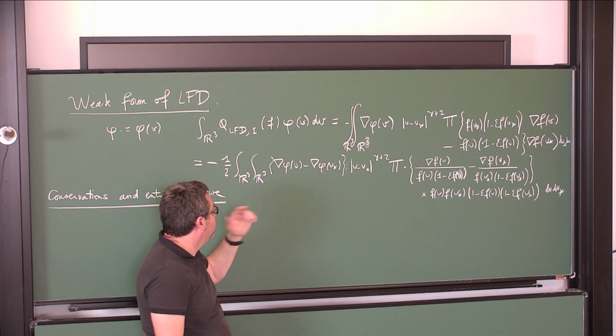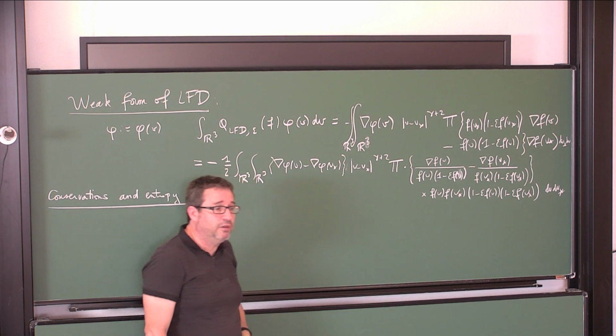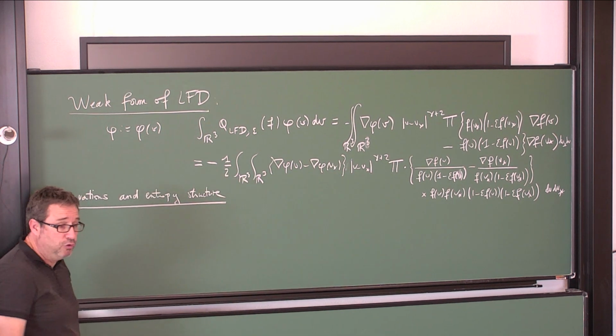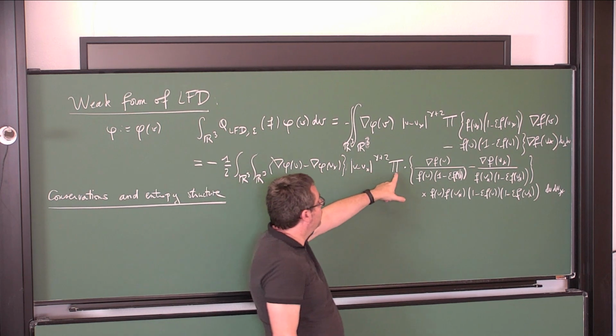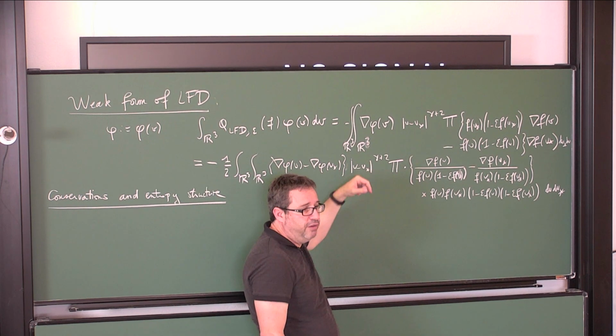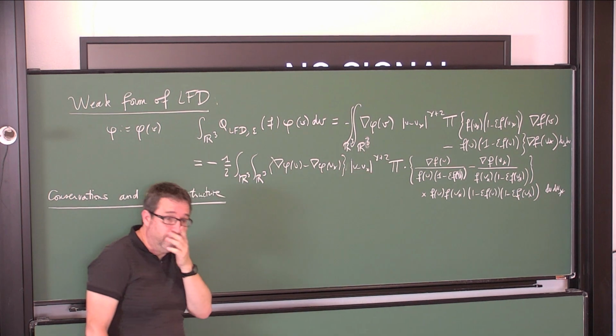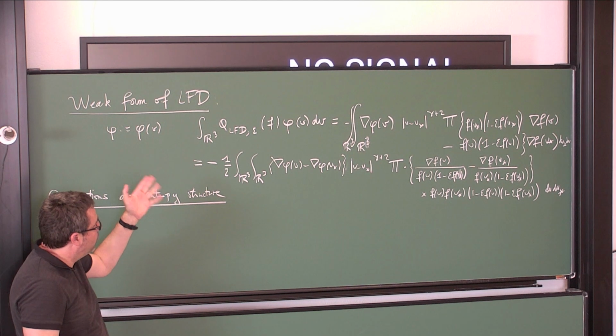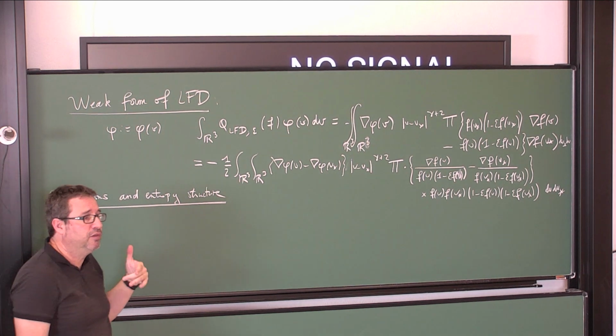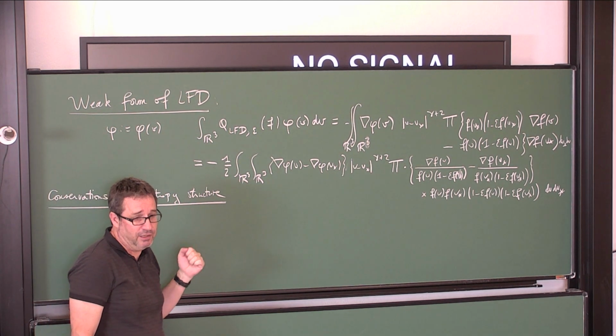And finally, if you take phi of v equal to modulus of v square over 2, then this becomes v minus v star, and you take the projector onto the orthogonal of this, and this also gives you 0. So, in other words, the operator is made in such a way that it conserves mass, momentum, and kinetic energy.